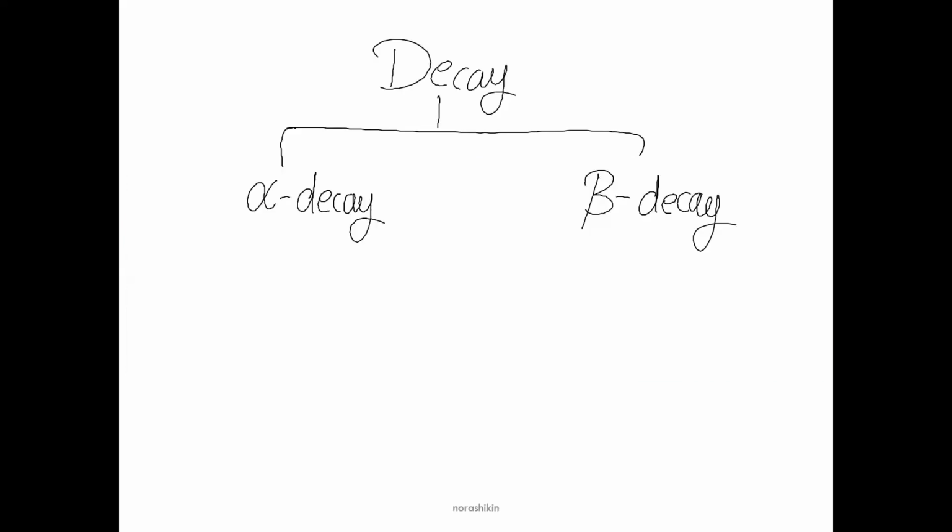There are two types of decays in our course. One is called alpha decay and the second is called beta decay.